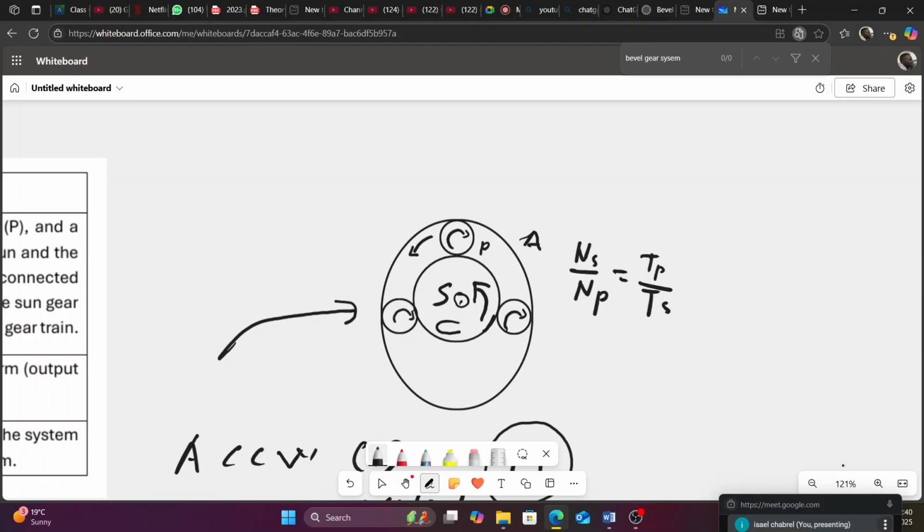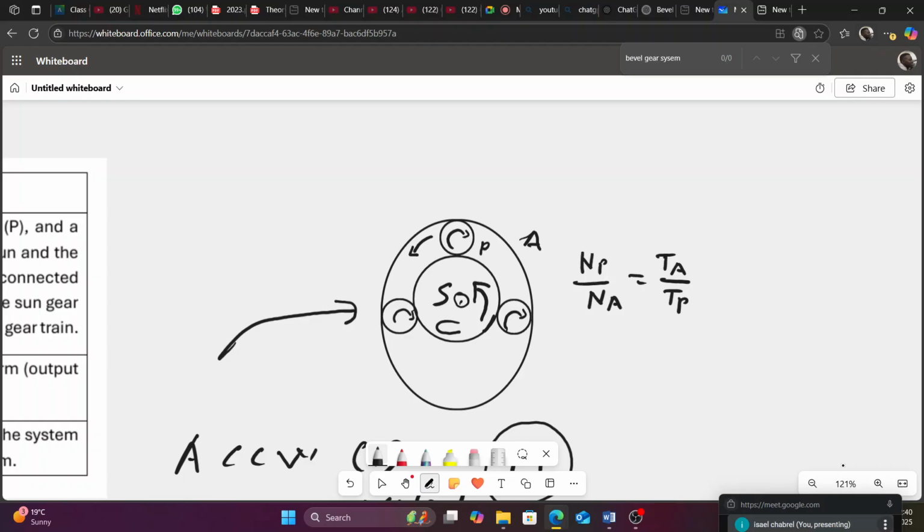You know what NS is? NS is 1. Now, the speed ratio is between the annulus A and P, not NS there. So we will have NP over NA equal to TA over TP.